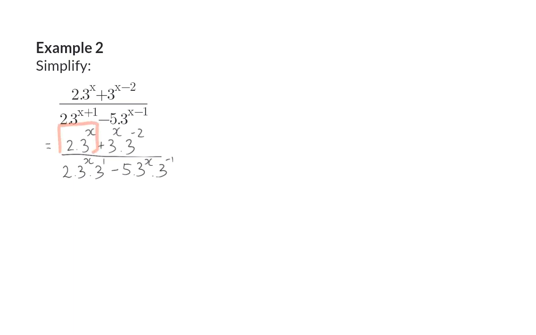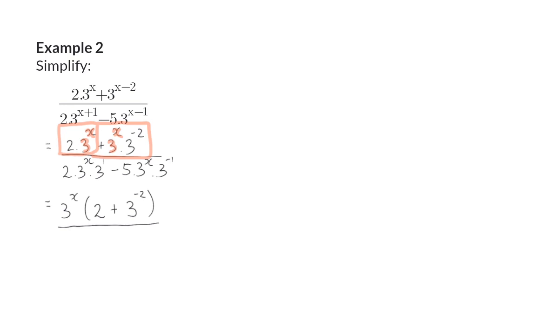In my numerator, I have two terms, and these two terms have a common factor of 3 to the power of x. So I'm going to remove 3 to the power of x as the common factor, and in the first term I'll be left with 2, and in the second term plus 3 to the power of minus 2.